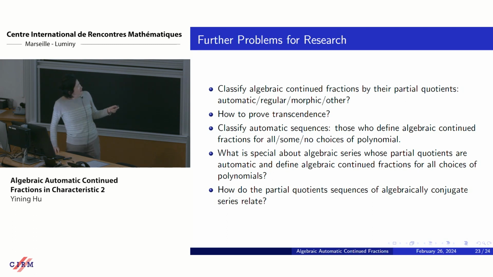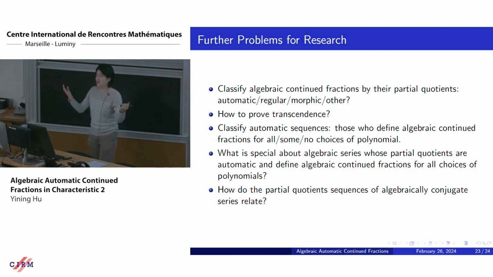And also, for the algebraic series whose partial quotients are not only automatic, but belong to the first class of automatic sequences, what's special about these algebraic power series? And also, finally, another question is, how do the partial quotient sequences of algebraically conjugate series relate?